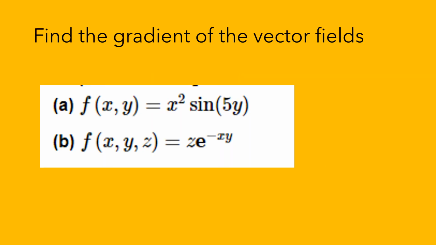So if you have a function like f of xy equals x squared sine pi y, or z e to the negative xy, you can easily find what the gradient is by using the definition of gradient del f as i dou f by dou x plus j dou f by dou y plus k dou f by dou z.